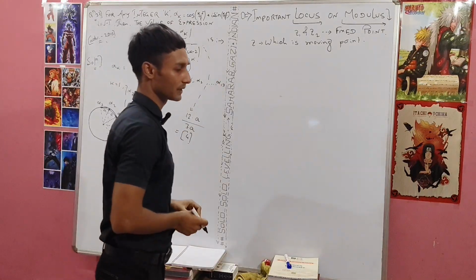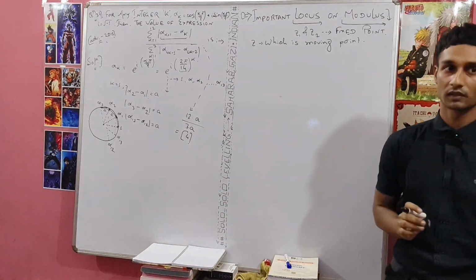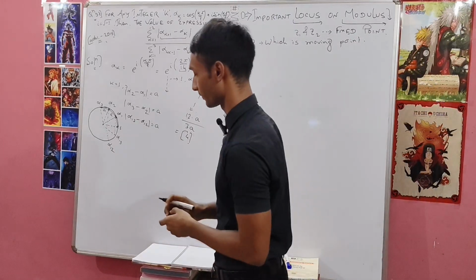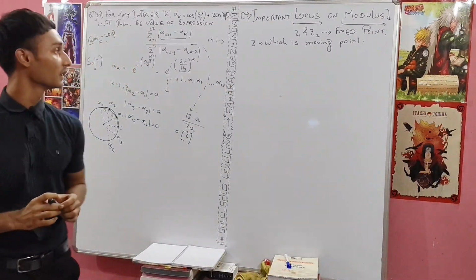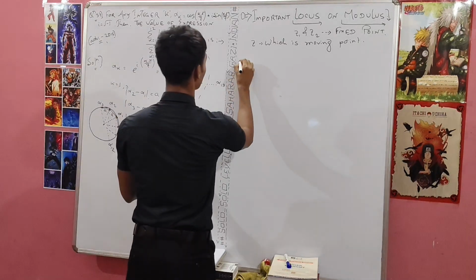Here in the modulus case, we will cover 4 different forms. You have to just remember the forms to get the answer quickly. And yes, so let's start from 1.